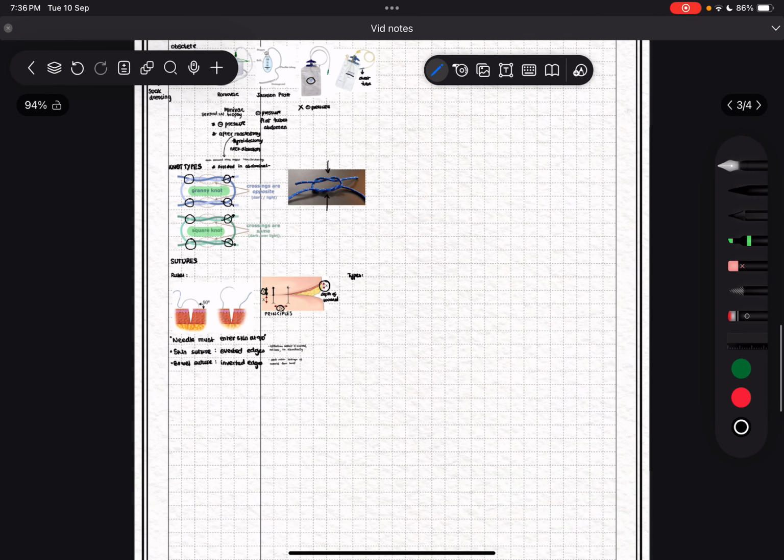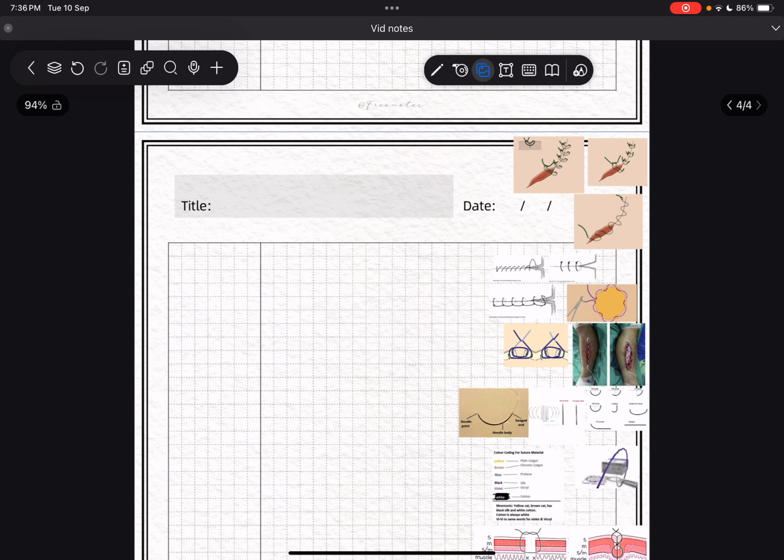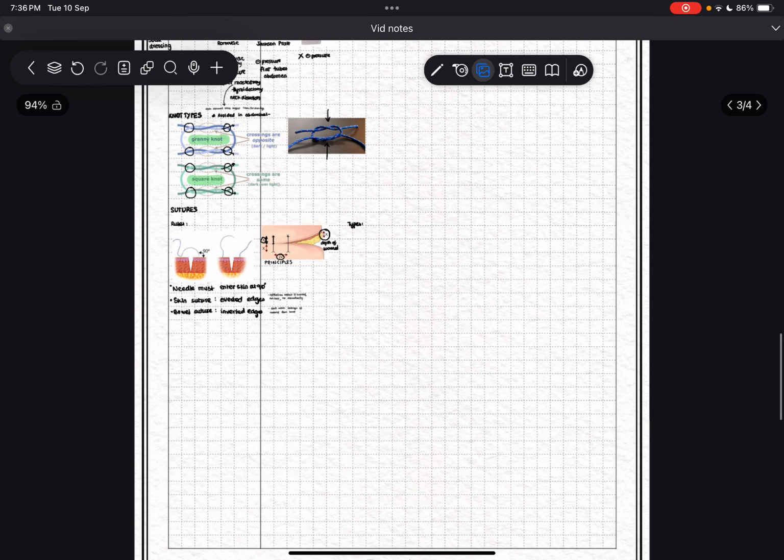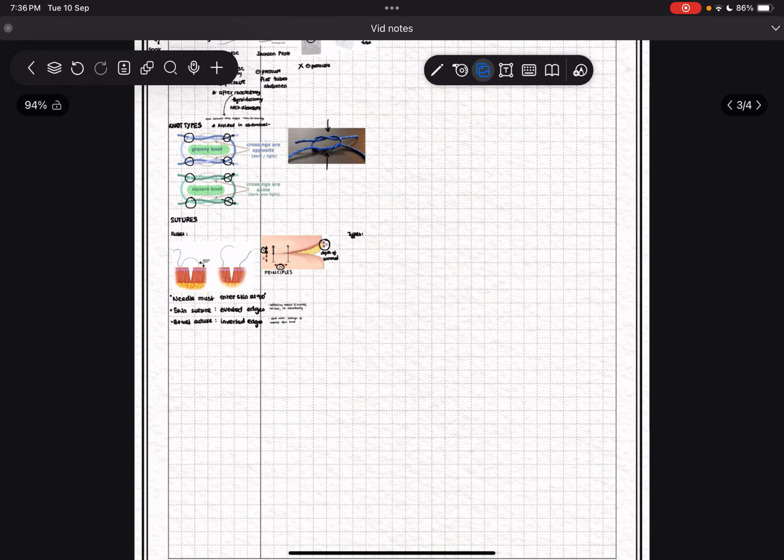For the types, let me bring the images. Yes, I don't have a simple suture here. Simple suture can be called by this one.